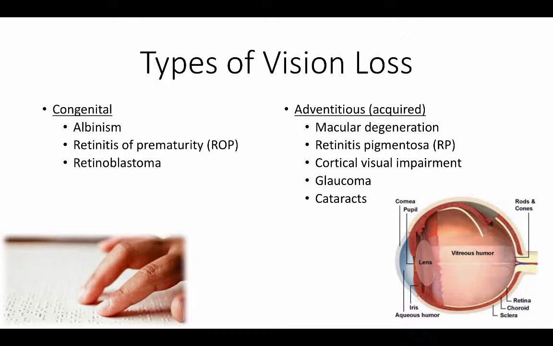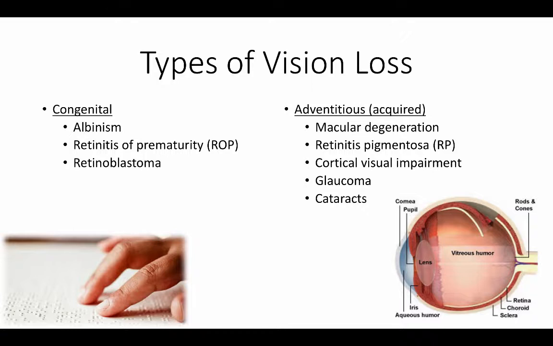So many individuals with albinism have to wear sunglasses. They should be wearing hats. They should definitely be wearing a ton of sunscreen all the time because they don't have any pigment in their skin.